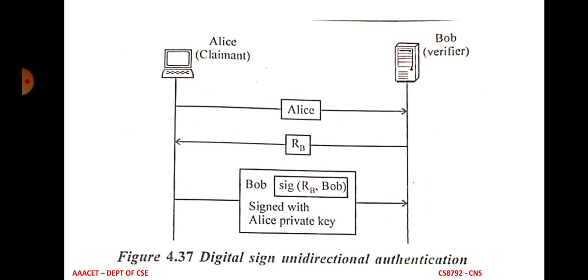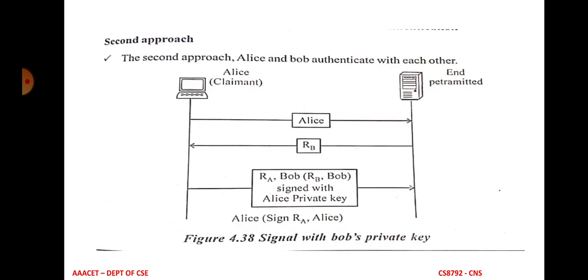The signature is sent from Alice to Bob with the information of RB that was generated by Bob, signed with Alice's private key. So this is the digital signature concept of unidirectional entity authentication.